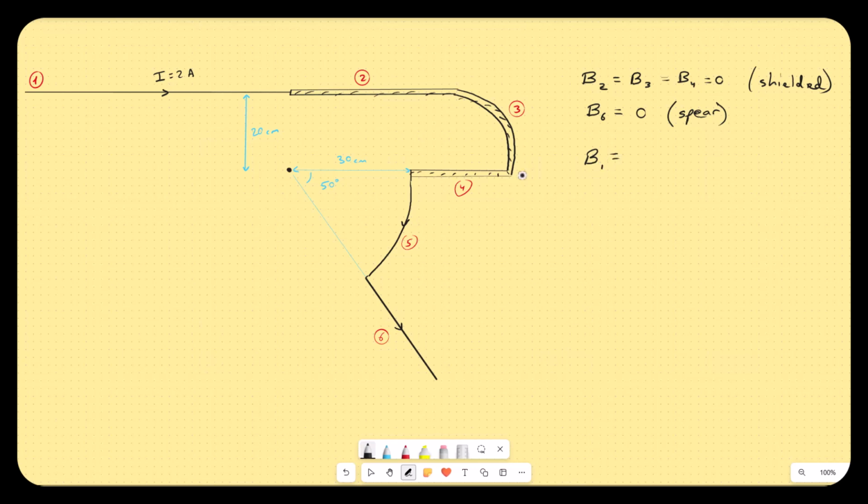B due to 1, that looks like a semi-infinite wire. I am right here underneath the end of it. It goes on forever to the left. It doesn't go on at all to the right. So I'm going to get a mu naught I over 2 pi r, but I only get half of it because it's a semi-infinite wire. So I get my mu naught, 4 pi times 10 to the minus 7th Tesla meters per amp.